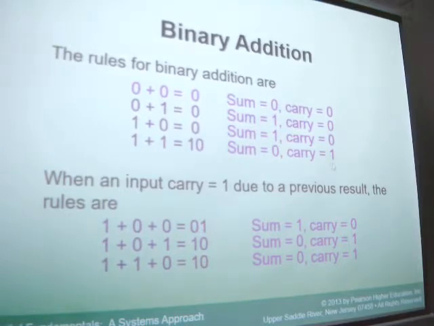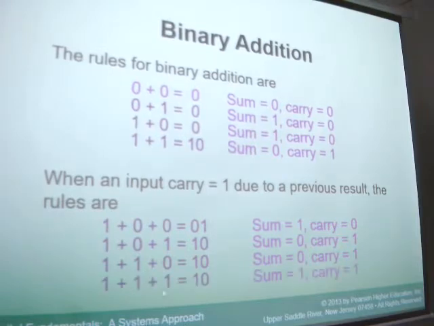And when the input carry equals 1, the rules are: 1 plus 1 plus 0 equals 10, 1 plus 0 plus 1 equals 10, and 1 plus 1 plus 1 equals 11.